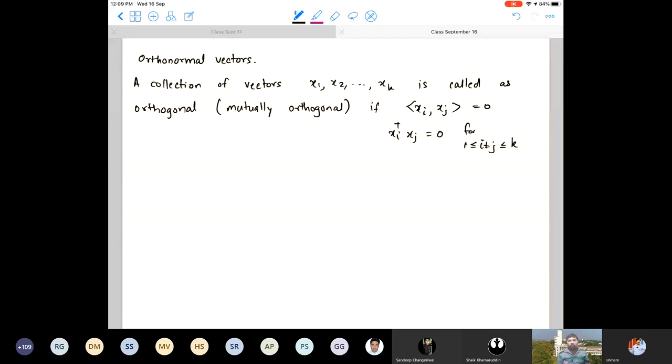So if you take any two distinct vectors in this collection, then those vectors are perpendicular or orthogonal to each other. Then we will say that the collection is orthogonal or mutually orthogonal.